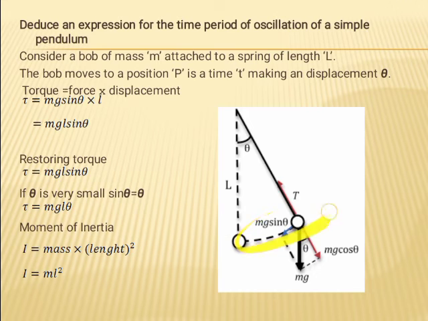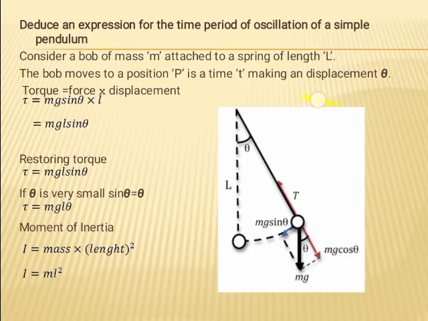This is the force which brings the bob back to its mean position, so that force is called the restoring force.